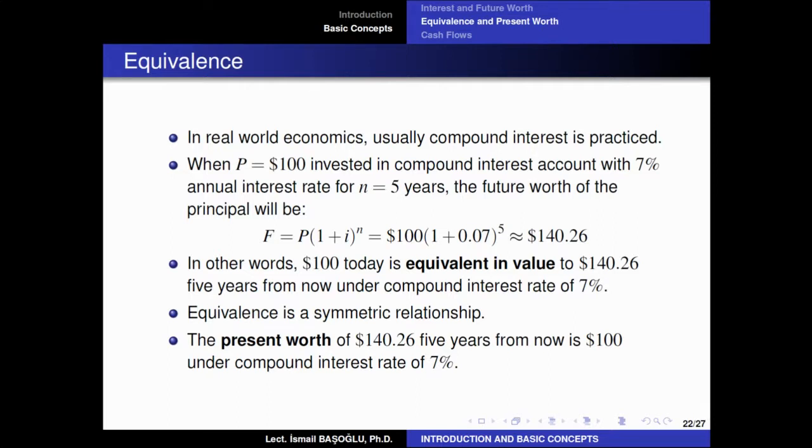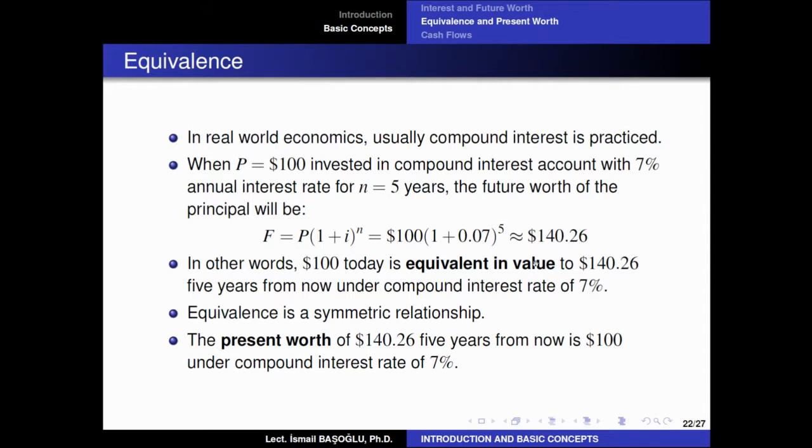Okay, so this is how we create an equivalence statement. In order to create an equivalence statement, we need to assume an interest rate, which was 7% in this example. And equivalence is a symmetric relationship. Now, you can also say that $140.26 5 years from now under a compounding interest rate of 7% is equivalent in value to $100 today.